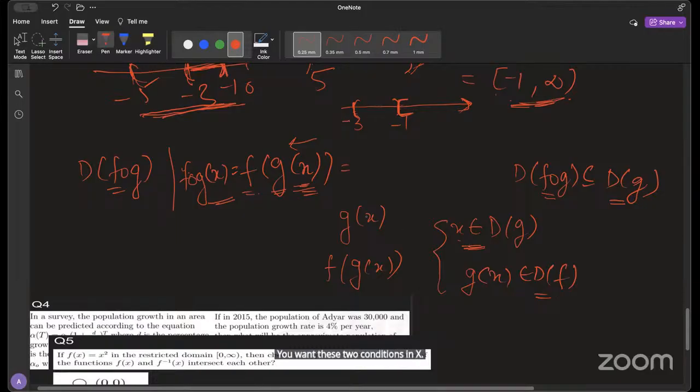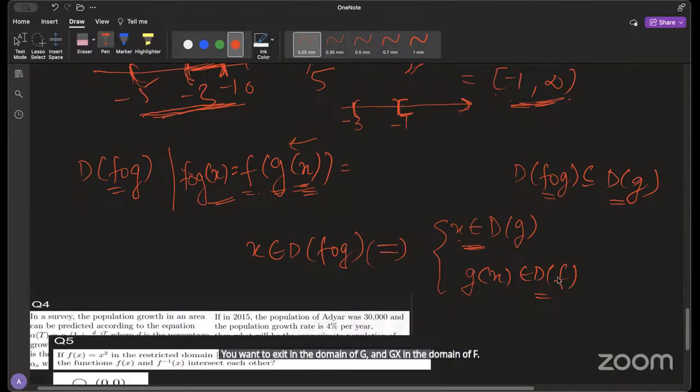So if you want X to be in the domain of FOG, you want this thing to happen. You want X in the domain of G and Gx in the domain of F. And that's how we've taken the sets here. Of which two sets do we need to take the intersection?